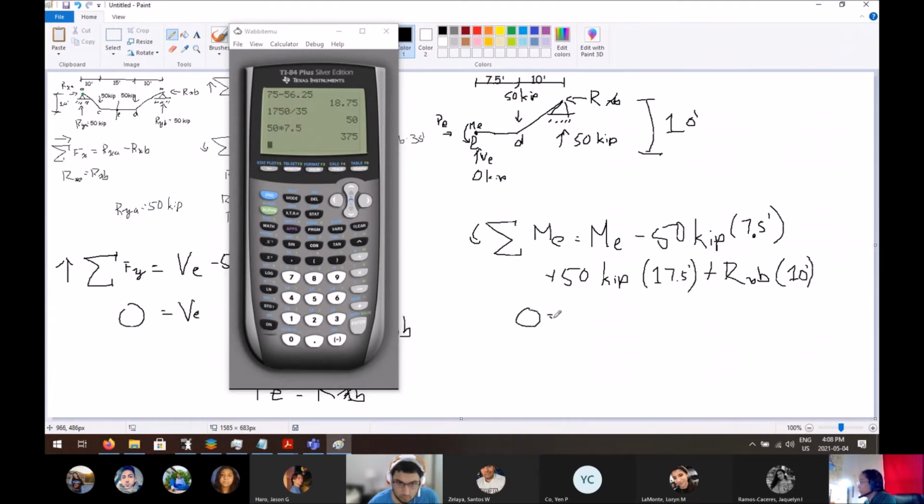So the sum of moments is 0, equal to ME minus 375 kip feet plus 375 kip feet plus RXB times 10.